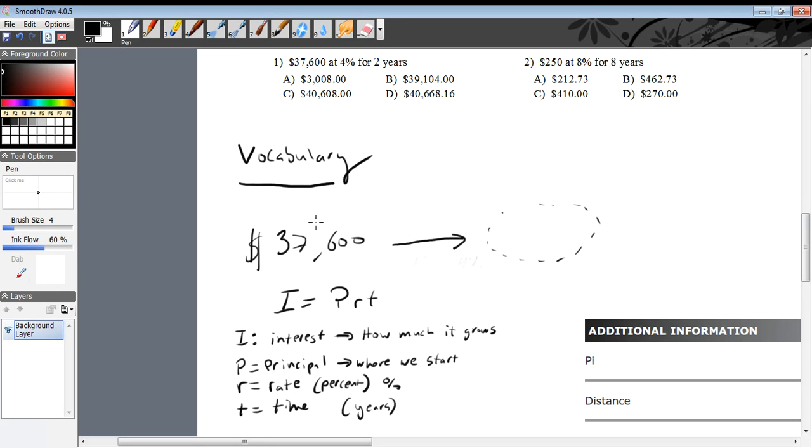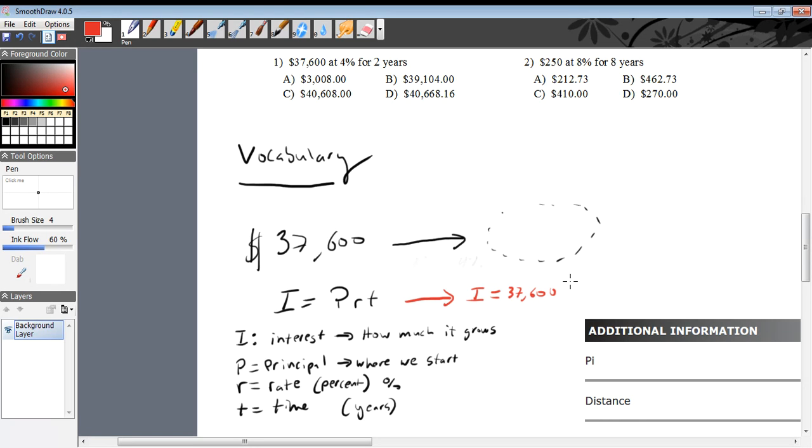So all we need to do is take our information and substitute it into this formula. The interest, we're not sure. We don't know how much it's going to grow. We do know the principal, which is $37,600.